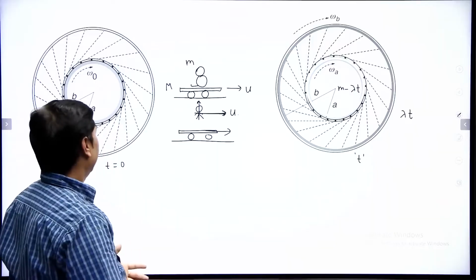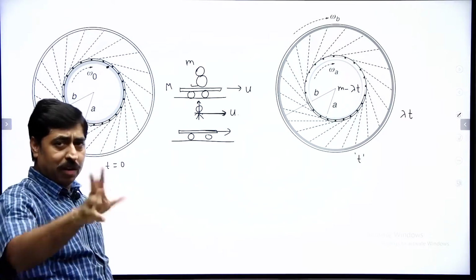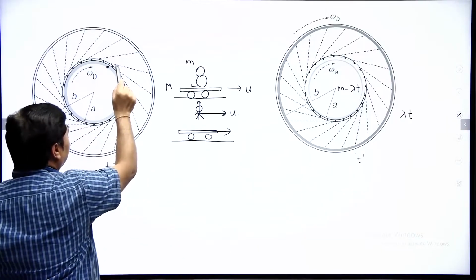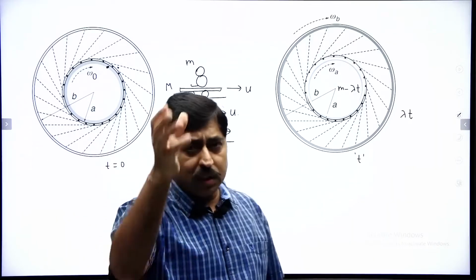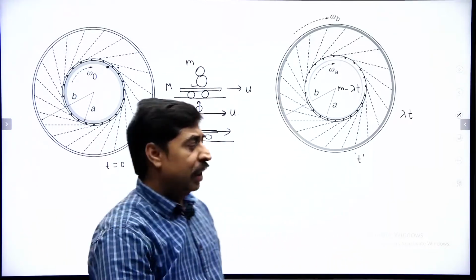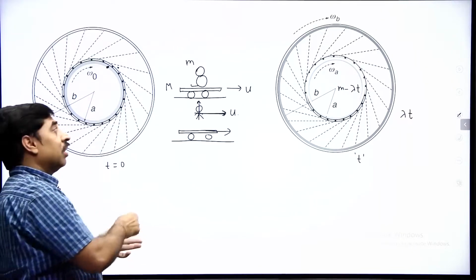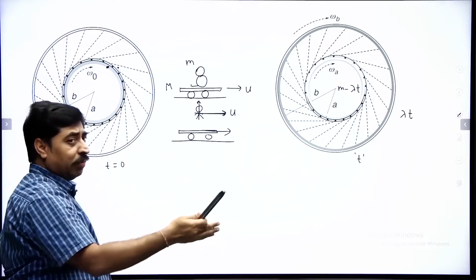A similar thing happens here. This particular sand particle already has some angular speed, and when it just comes out, its speed has not changed. So its angular speed has not changed, and its angular momentum about this axis has not changed. The sand particle was sticking to the drum and is now just out of the drum.